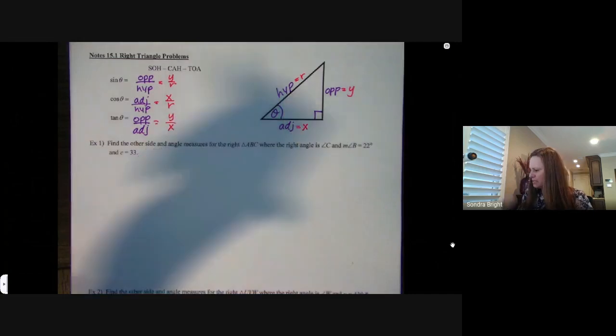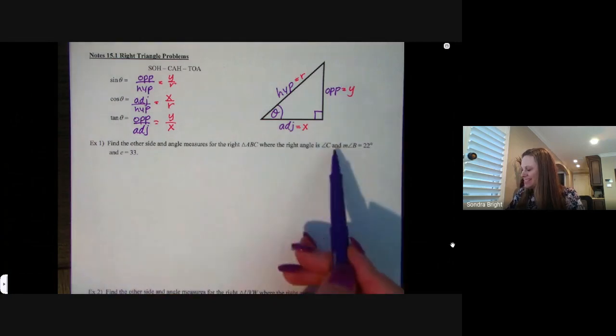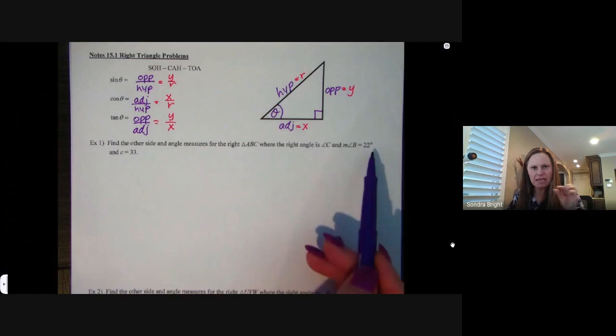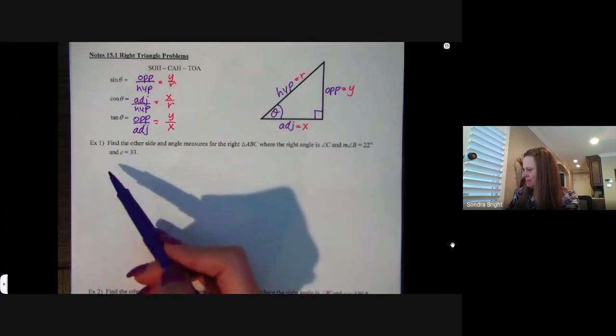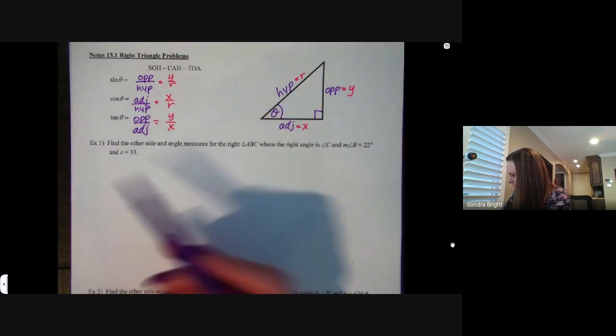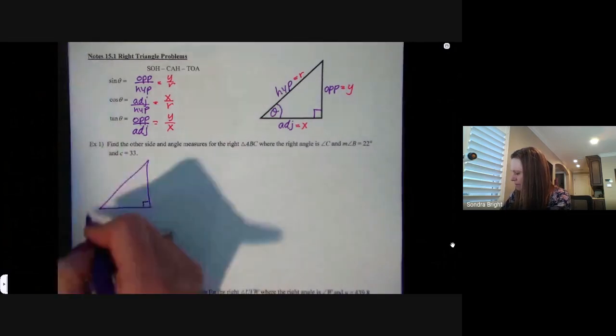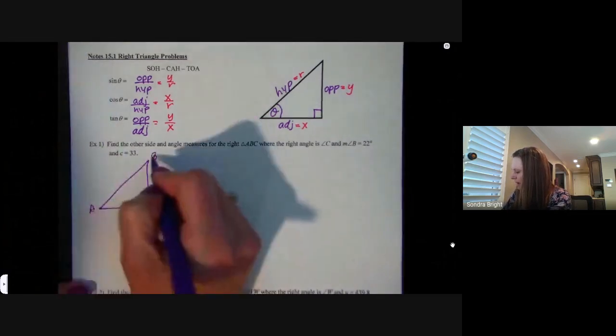Okay, so the first example says, let's find the other sides and angle measures for the right triangle where angle C, the right angle, is angle C, and angle B is 22 degrees, and side c is 33. Do you remember that the capital letters are the angles and lowercase letters are the sides? So I'm going to redraw my right triangle and label them A, B, and C. It told us C was the right angle.